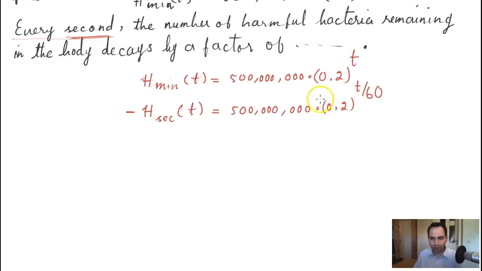So this factor, as you can see, is not the right factor to consider here, because every time I increment t here, it becomes 0.2 raised to the power t by 60.